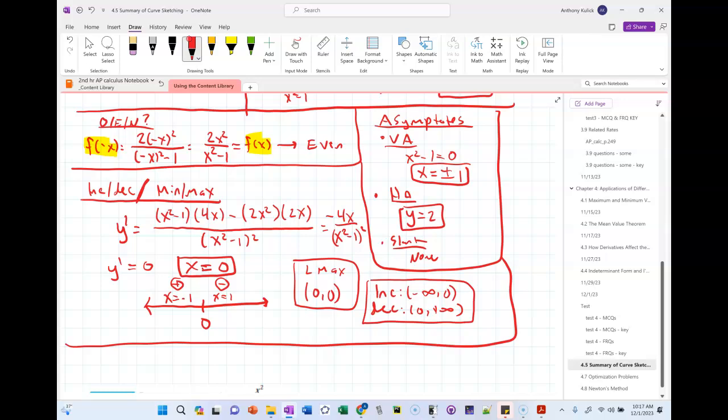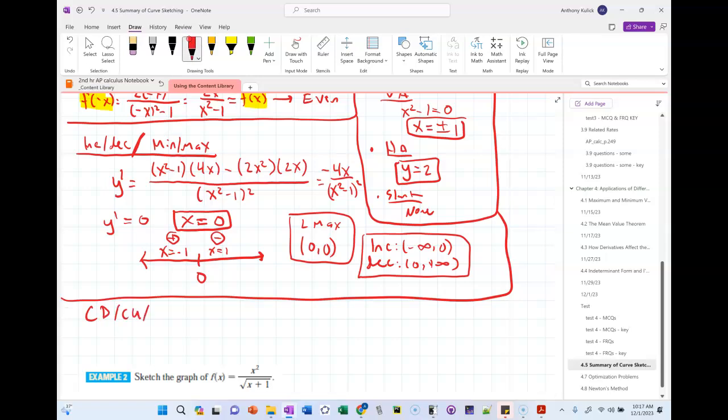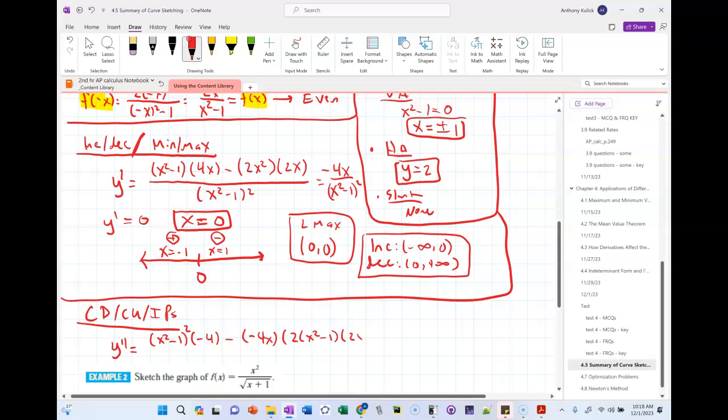Okay. The last thing we need is our concavity and inflection points, right? To do that, what do we need? Second derivative. So I have the bottom times the derivative of the top minus the top times the derivative of the bottom. Be a little bit careful there because it's a gross looking kind of chain rule.